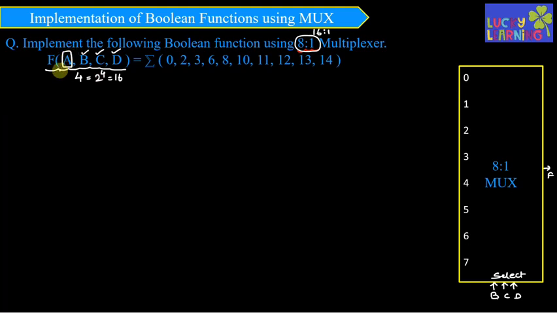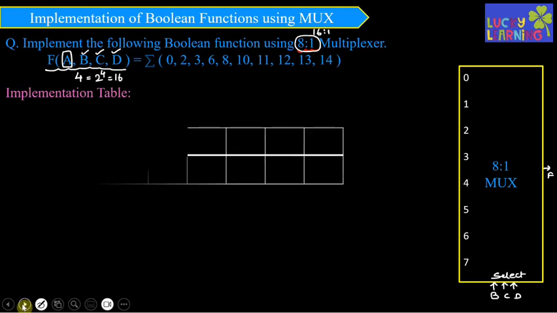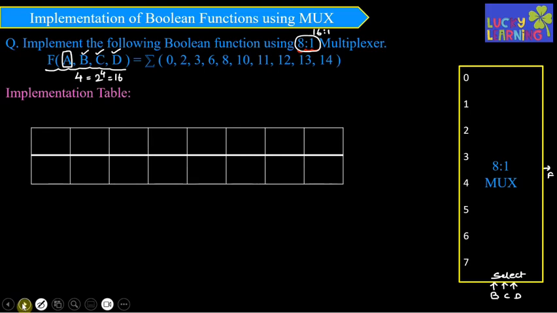So what will be the data inputs that you have to determine based on the implementation table? Now here the implementation table should have 2 rows. Each row will have 8 cells. Why? Because here the data inputs of the multiplexer are to be determined using only A. So this is 0, this is 1, which means it is A dash, this is A. Now what are the data inputs?